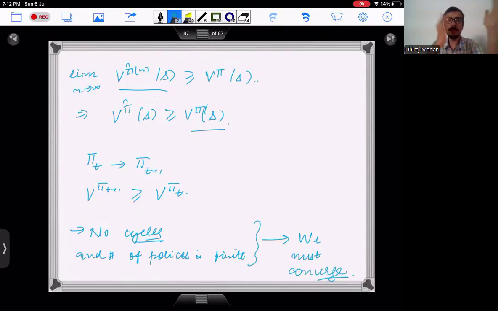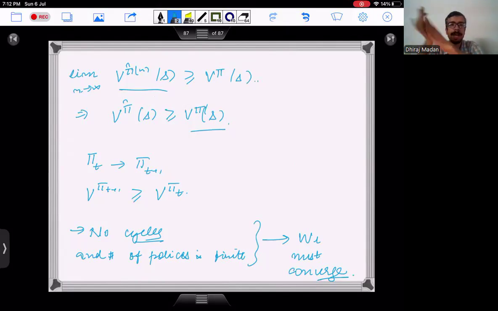So now we have seen two algorithms. One is policy iteration, wherein the number of steps to converge could be exponential, but we are guaranteed that we'll get an exact solution. However, the only issue is that the number of steps could be much larger. It could be exponentially large. And then we have the other way, value iteration, where the solution is approximate.